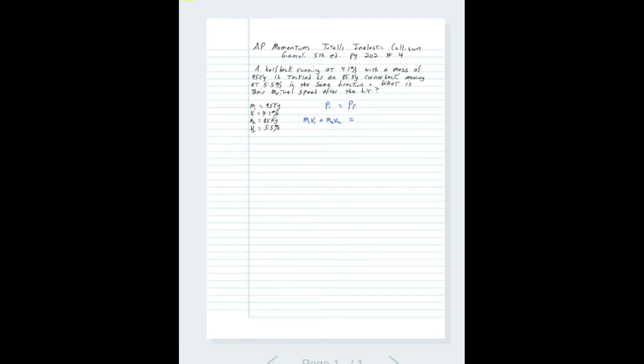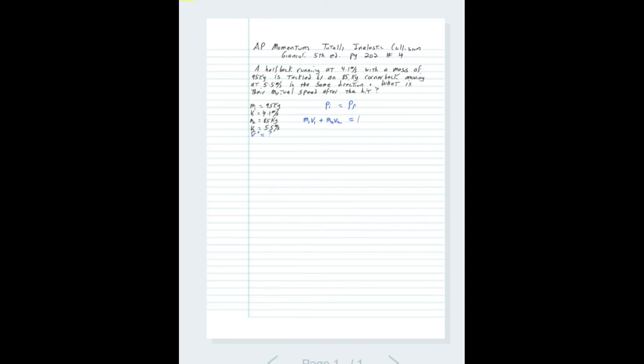So over here where I have all of the data, I'm going to write down the thing that I want to know, which I'll call V prime. I'm not going to call it V1 prime or V2 prime, I'm going to call it just V prime, because they both move at that same velocity, and I use the prime because it's after the collision.